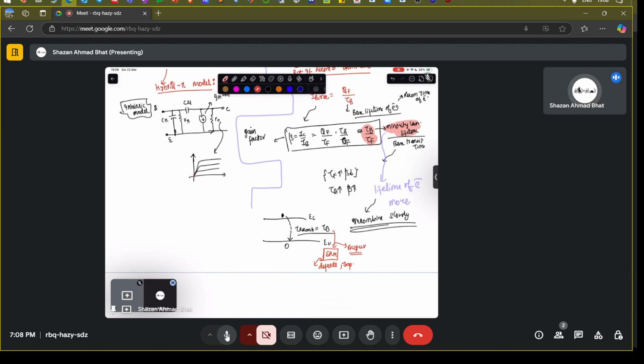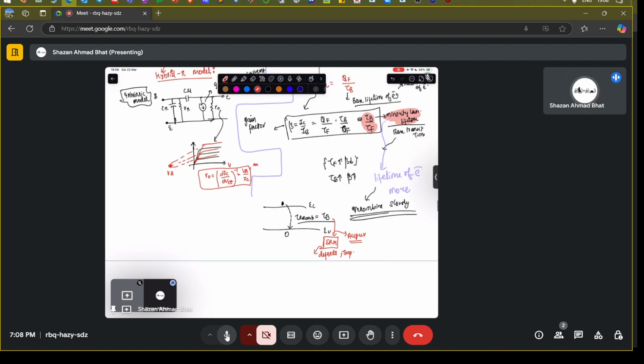But if there is a finite slope in this curve, then you can extrapolate these lines, and they will join at a single point, which is called the early voltage, because this is the voltage axis. You can write the output resistance as the inverse of the slope of IC over VC, which is equivalent to the early voltage divided by the collector current.